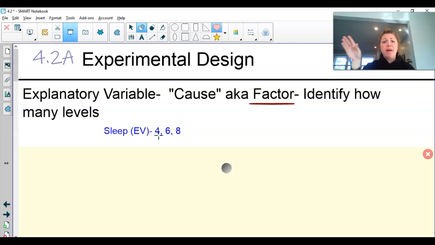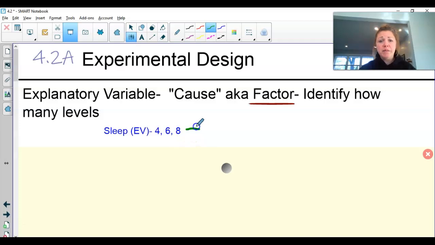So sleep is my explanatory variable, and I have 3 levels here. It's important that you're able to identify how many levels your factor, your explanatory variable, has.